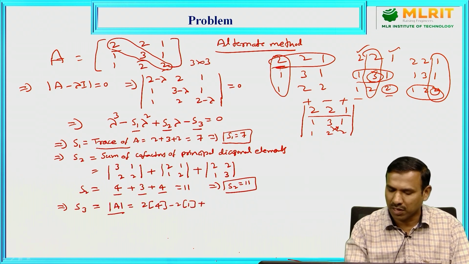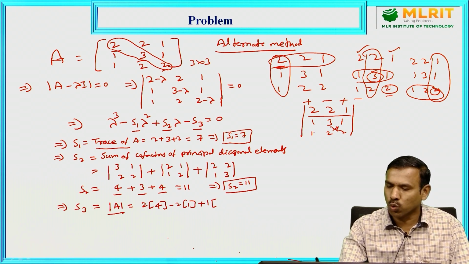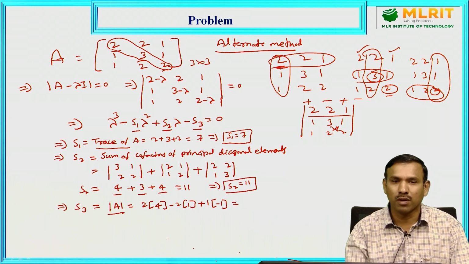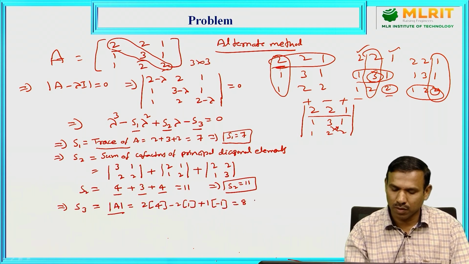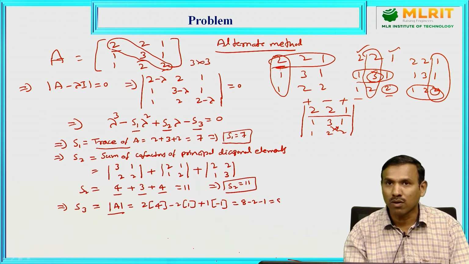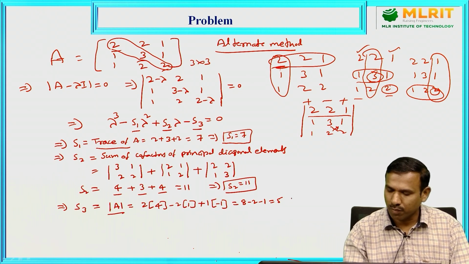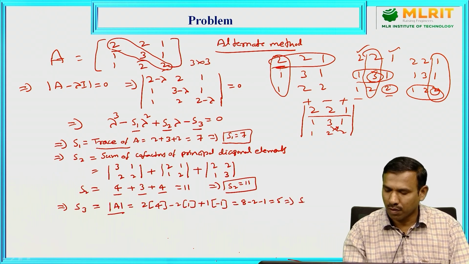Plus the third element 1, leaving the third column and first row: 1 times 2, 2 minus 3, 2 minus 3 minus 1. So this is equal to 2 times 4 minus 2 minus 1 times 8 minus 3, which is equal to 5. So S3 is equal to 5.